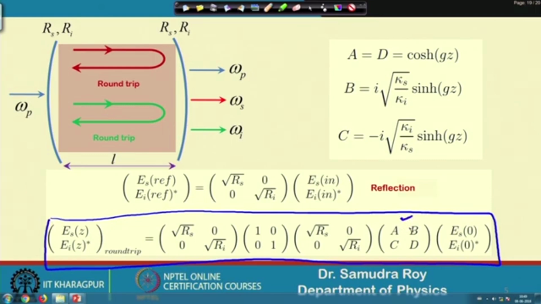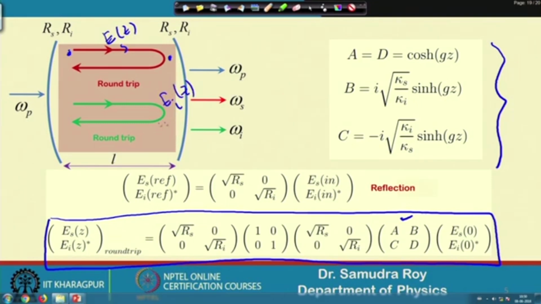This is a propagation matrix where A, B, C is represented in this term. So, we solved the differential equation of Es and Ei, and the field is now going from here to here, and we find the general form of the E for Es and Ei. So, just solve the differential equation so that it becomes a function of Z.